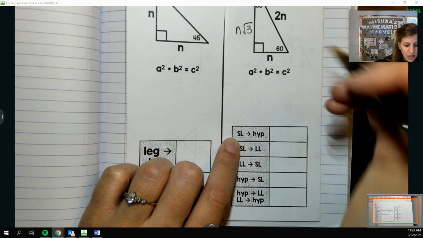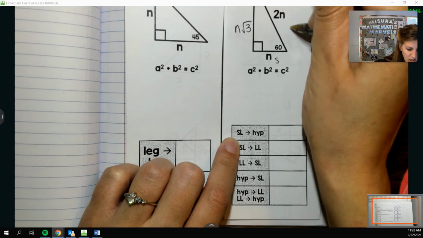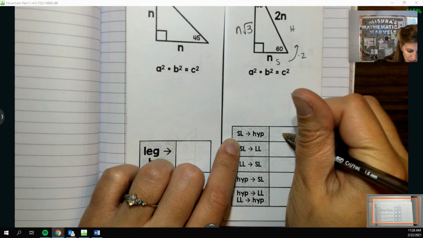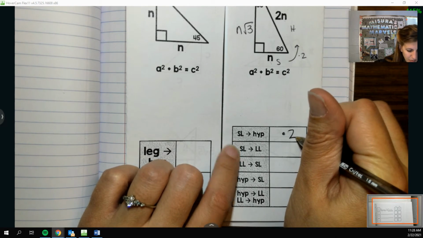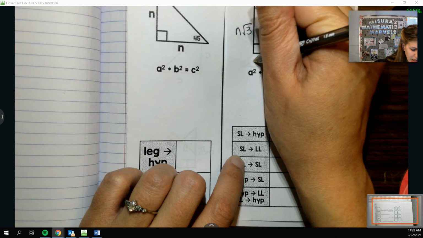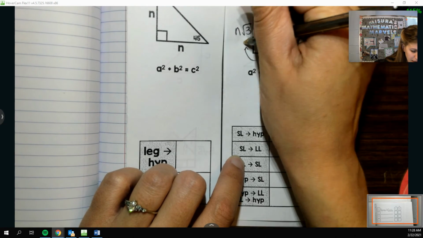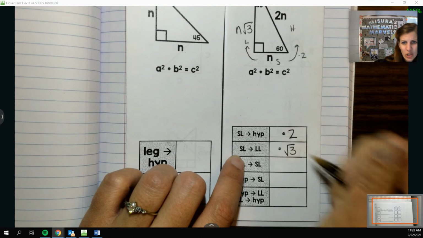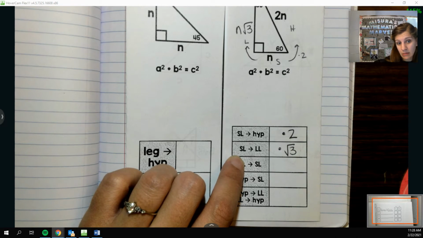If I'm going from the short leg to the hypotenuse, we want to times by 2. If I'm going from the short leg to the long leg, we want to times by root 3, but usually that just looks like putting a root 3 on.